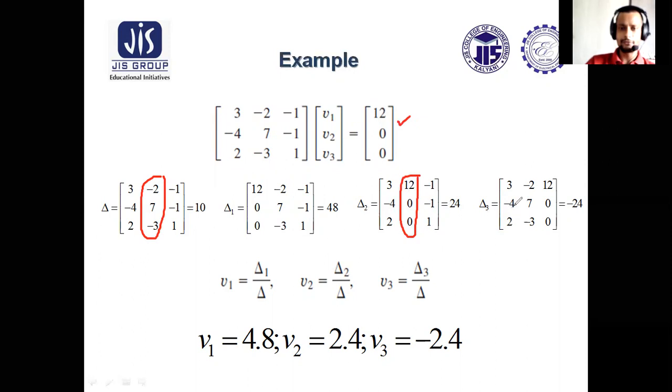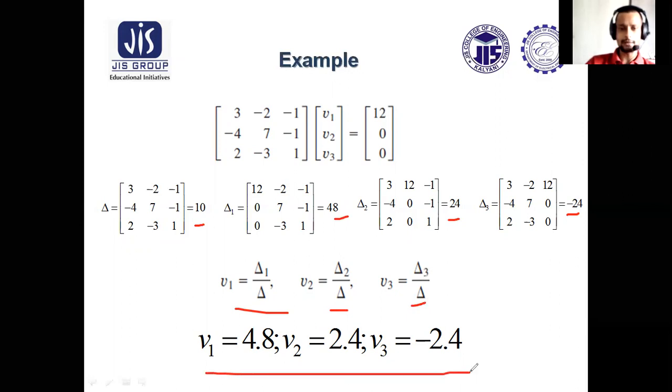While finding del 3, the third column will be replaced. Now, as per Cramer's rule, V1 is del 1 by del, V2 is del 2 by del, and V3 is del 3 by del. So we found V1, V2, V3 like this.